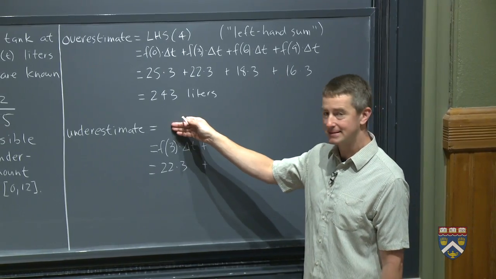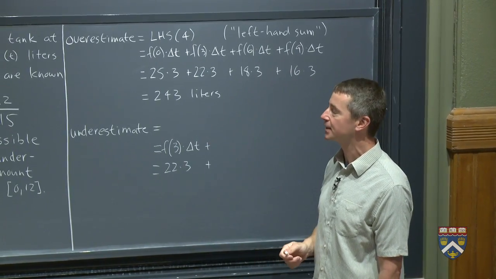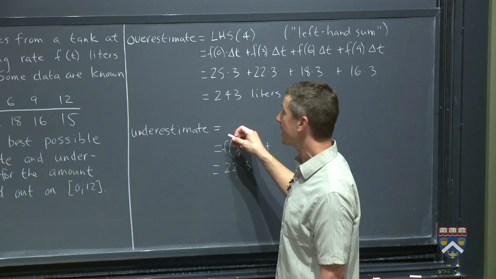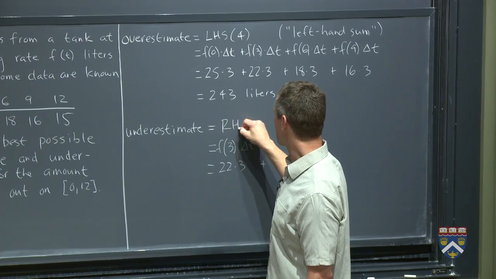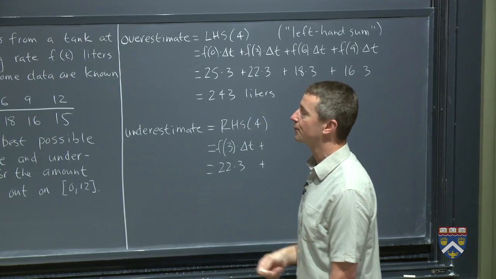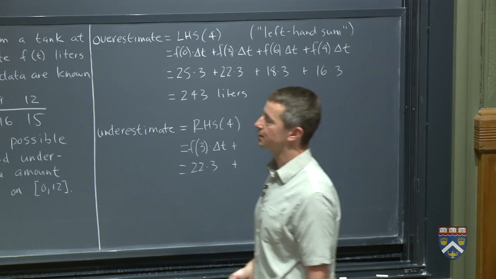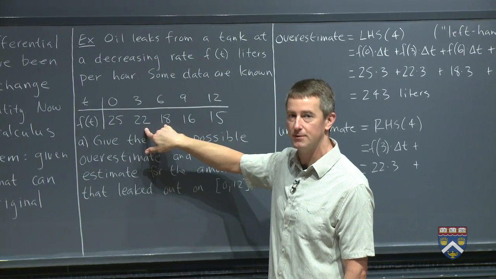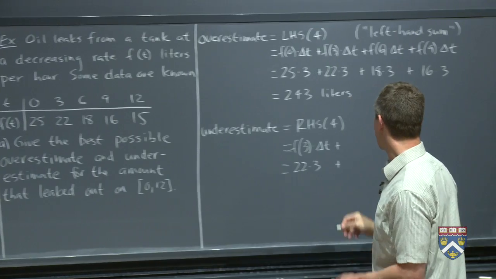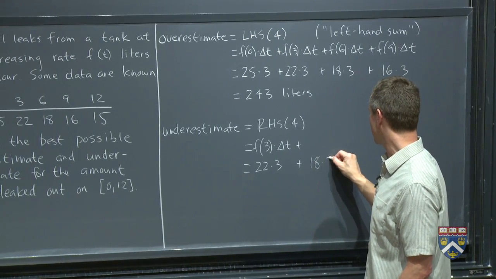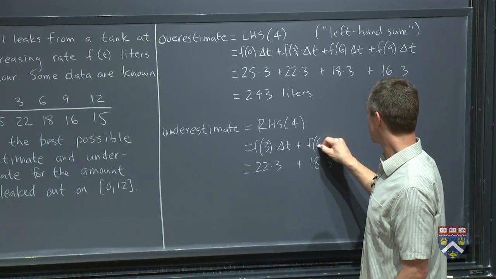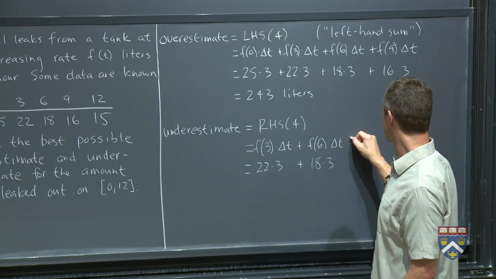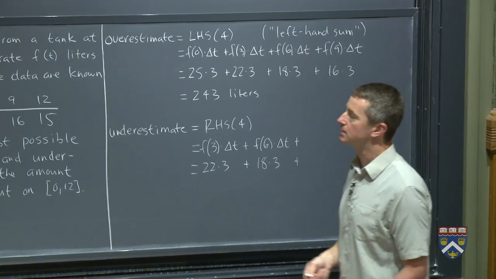So as you can probably guess, this is going to be the right-hand sum, because in each case, we're going to be choosing the value on the right. In the next interval, from time 3 to time 6, the smallest rate was 18, the value on the right. So we'll say 18 liters per hour for 3 hours. So that was f of 6 delta t. And then the pattern is just going to keep continuing like this.